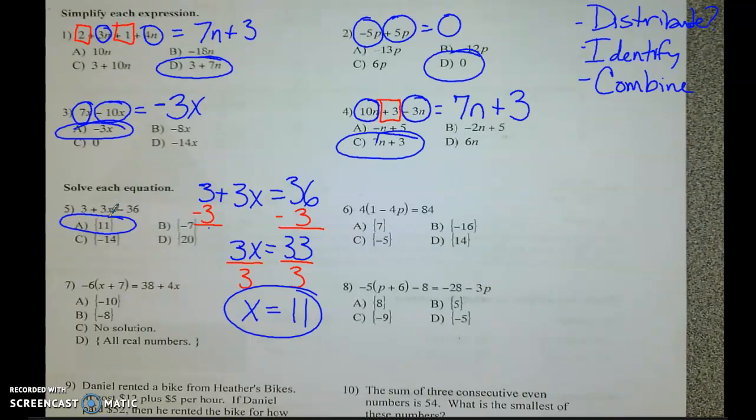Okay. Number 6. I'm going to rewrite it so that I have room to solve this. We have 4 times (1 minus 4p) equals 84. Okay. So, do we have to distribute?